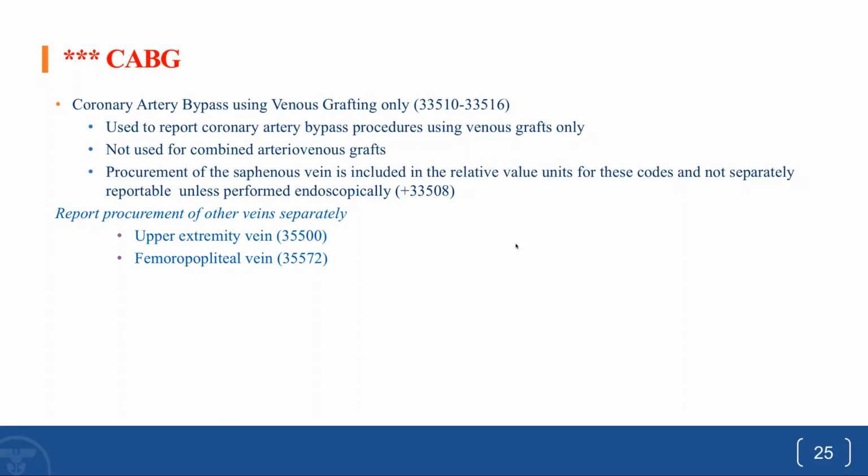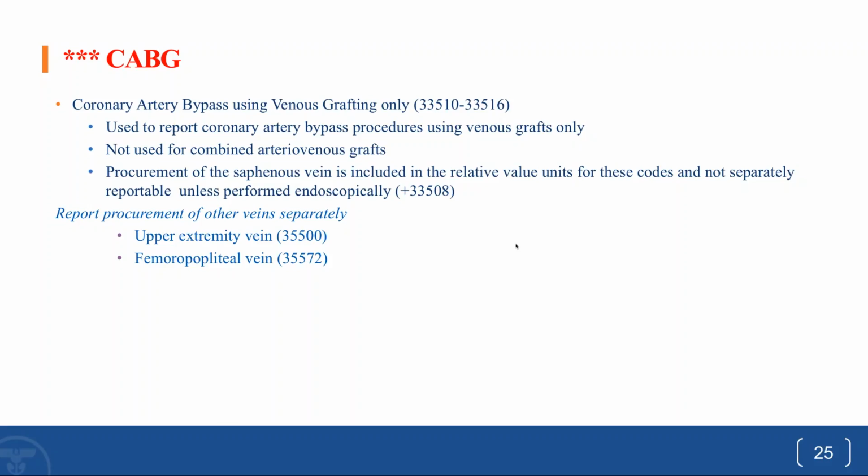Page 206 in the CPT code, 33510 through 33516. Remember, those are veins only. What I just went over was a combined veins and arteries. So it tells you those codes 33510 through 33516 are not used for combined arterial venous grafts.